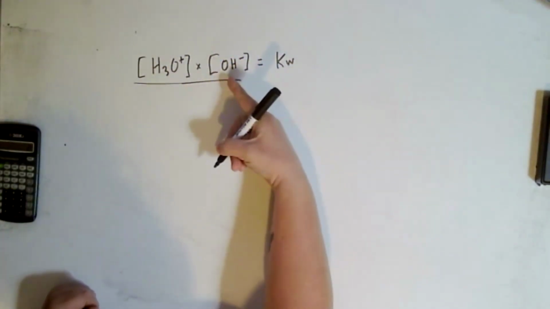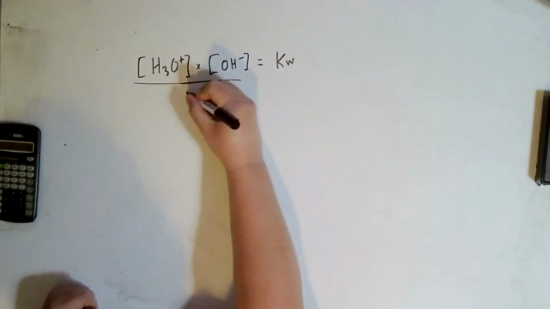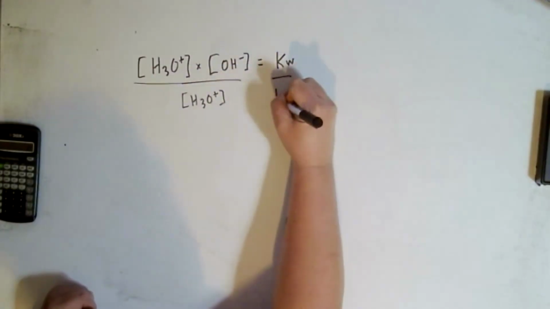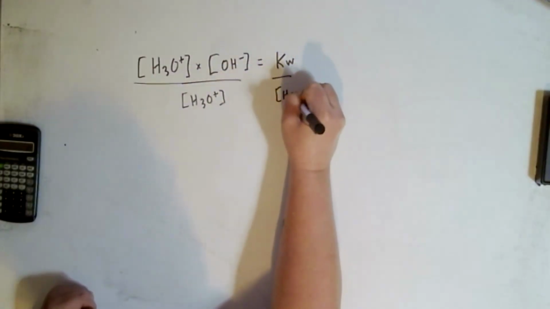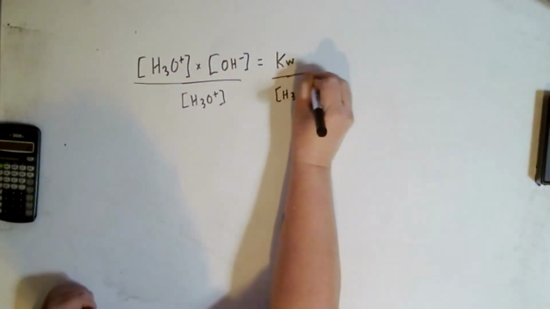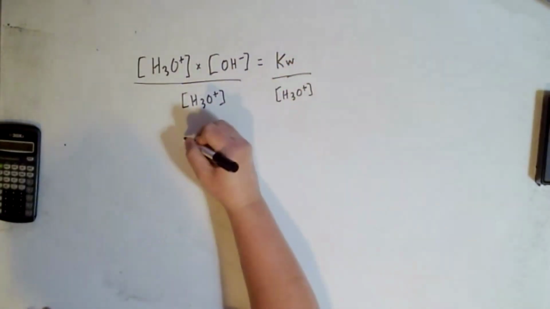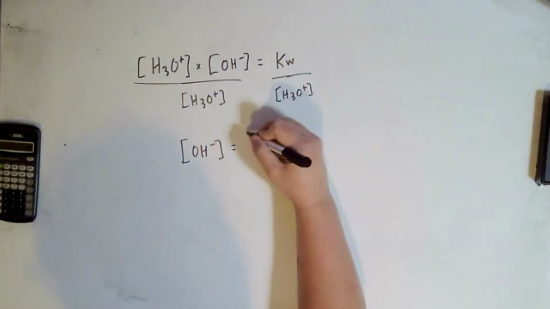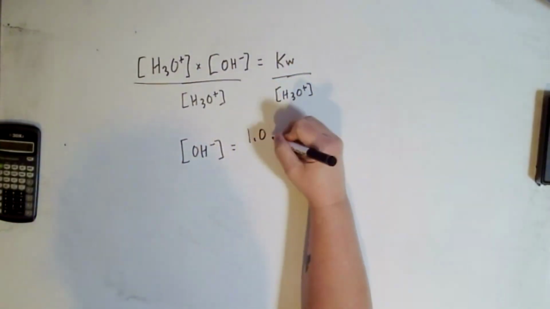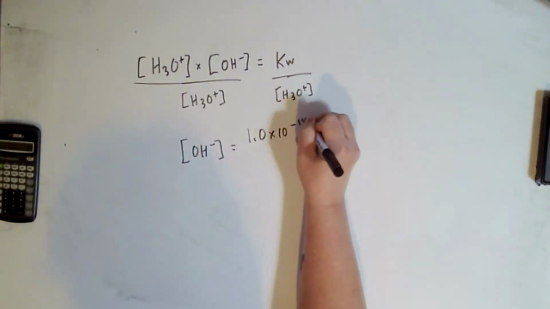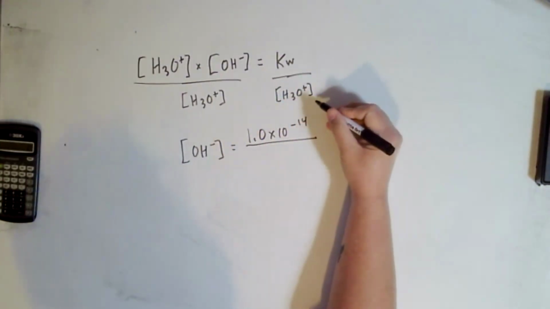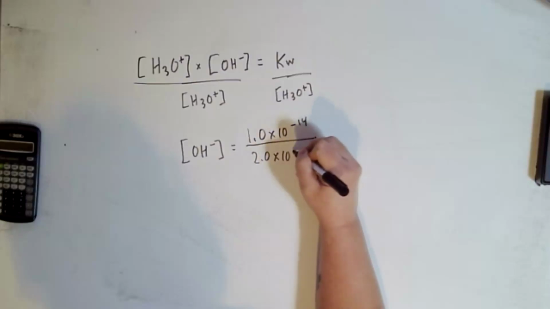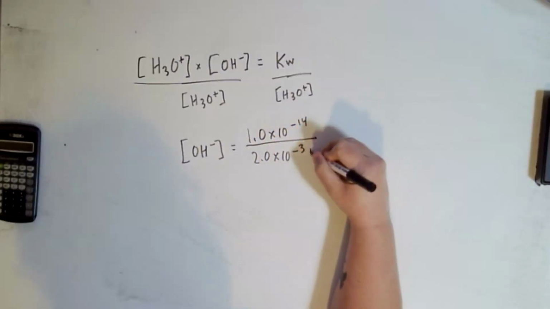So this time we're trying to find hydroxide, so we're going to divide both sides by H3O plus. Okay, so to find our hydroxide concentration, it's going to be KW, which is 1.0 times 10 to the negative 14, divided by our H3O plus concentration, which is 2.0 times 10 to the negative 3.